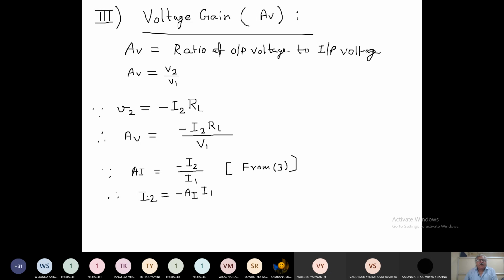So we can replace this value of I2 in this expression. Therefore, the voltage gain will be equal to, in place of I2 we write minus AI I1. So the minus sign will be cancelled out. So it will be the current gain AI I1 RL by V1. Okay.